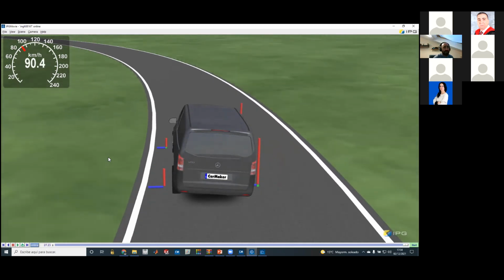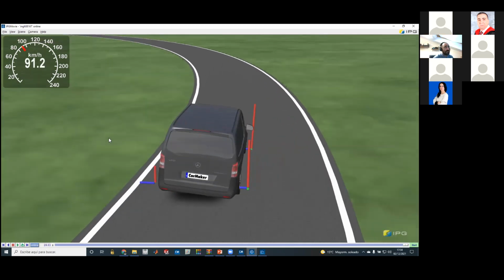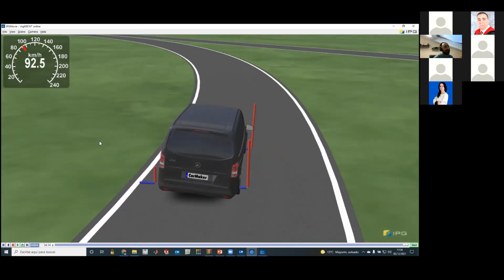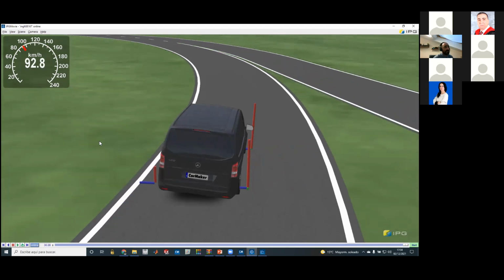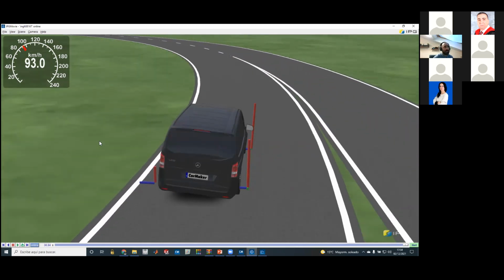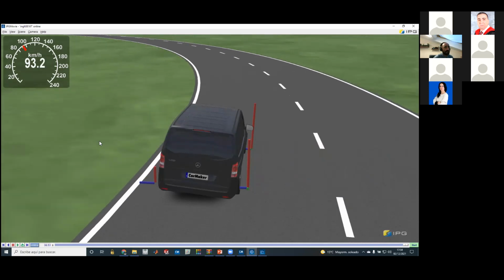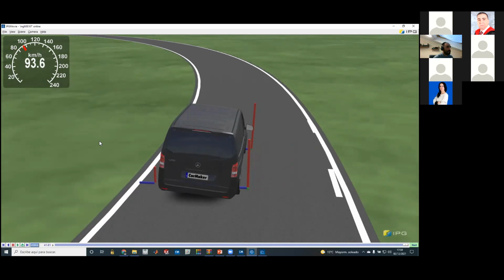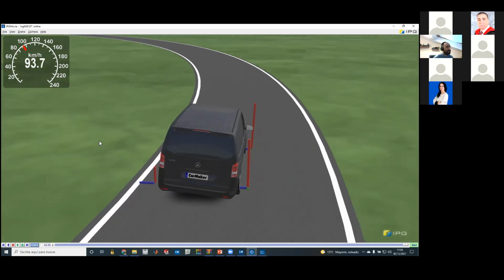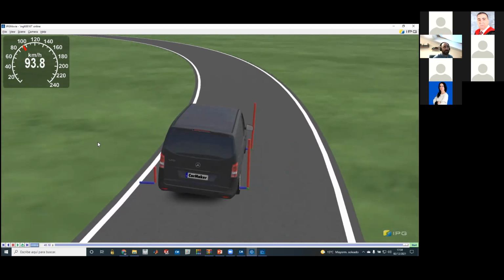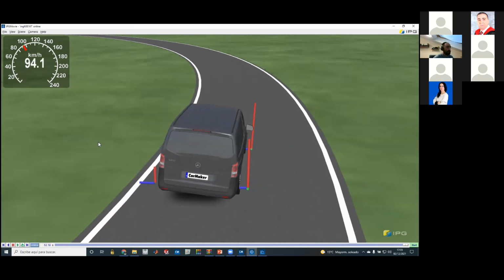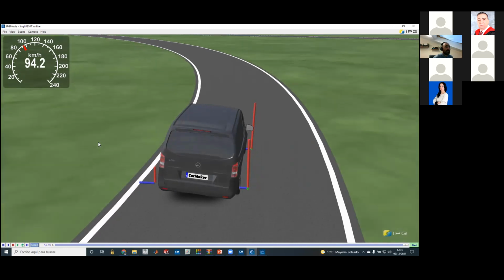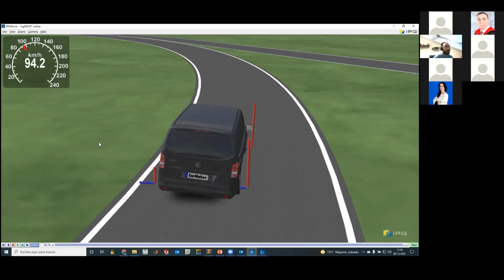So by means of the infinite circle, for example, we can evaluate the understeer or oversteer behavior of the vehicle. We can design or improve the dynamic behavior of the vehicle by defining whatever dynamic test we want to achieve.